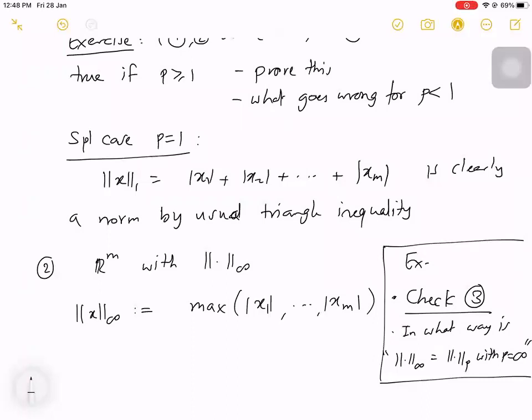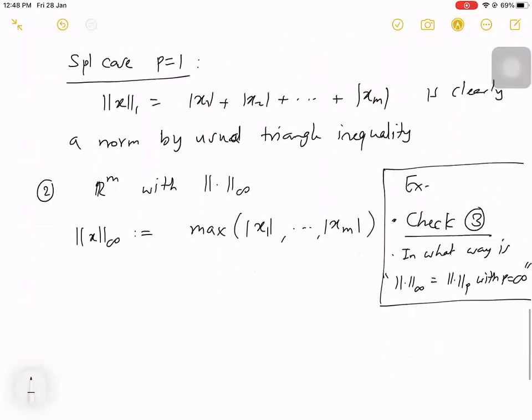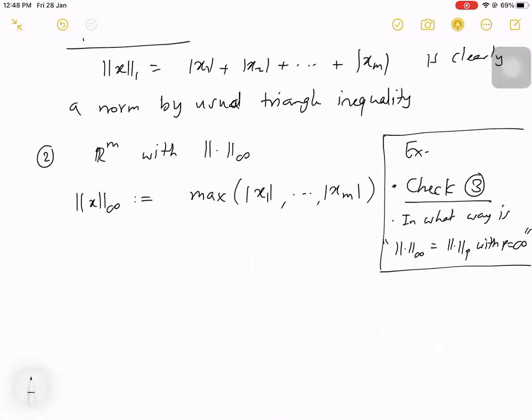Okay. So what is worthwhile to do is to draw some pictures with these definitions. So let's draw some pictures. So again, a definition.